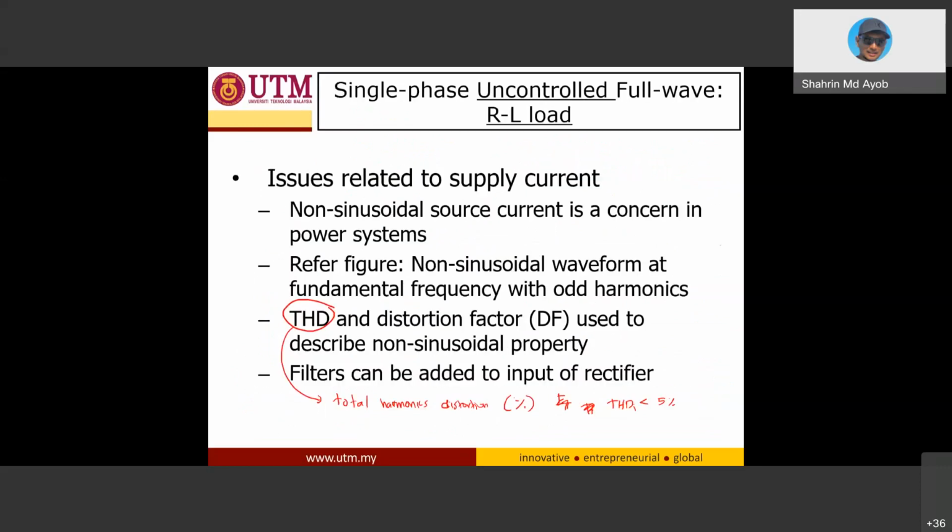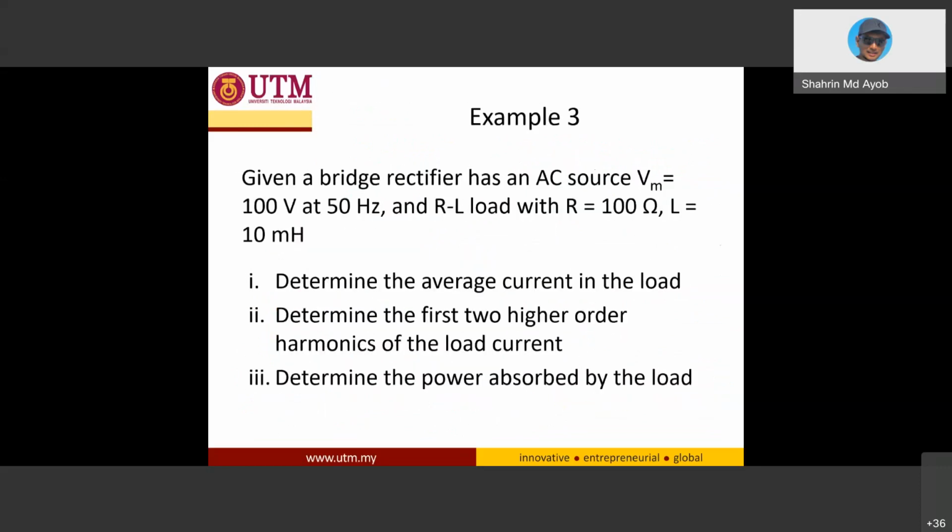Okay, we go for example 3. Given a bridge rectifier has a voltage source Vm of 100 volts at 50 Hertz and an RL load with R of 100 ohms and the inductor is 10 millihenry.